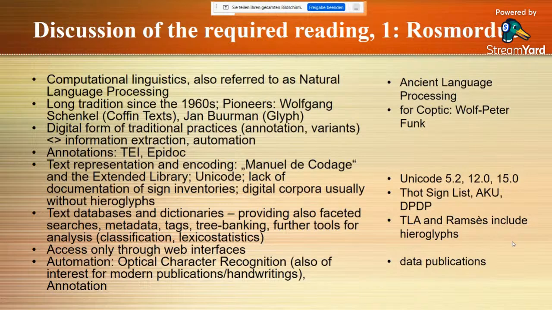And then I would like to come back to the automation that Serge has mentioned. So automation means that you try to make the computer do the things that are tedious and boring. For instance, typing text, so optical character recognition, and also annotation of text, lemmatization, part of speech tagging, and so on.